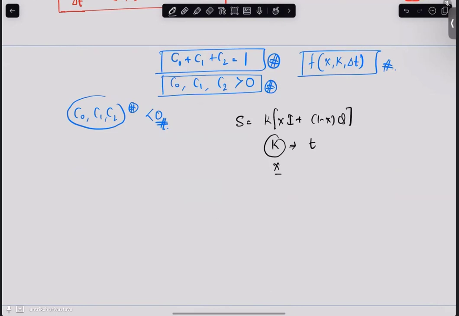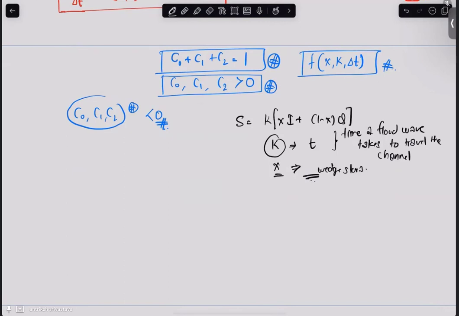And X is unitless. But K represents the time a flood wave takes to travel the channel. And X is in some way associated with the wedge storage of the channel. Not directly, but in some way it is associated with the wedge storage.